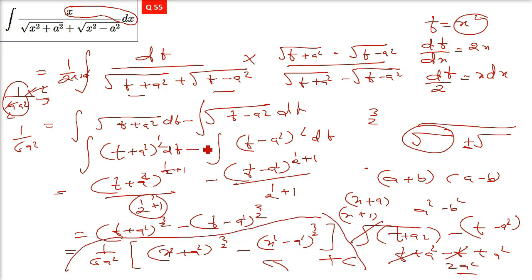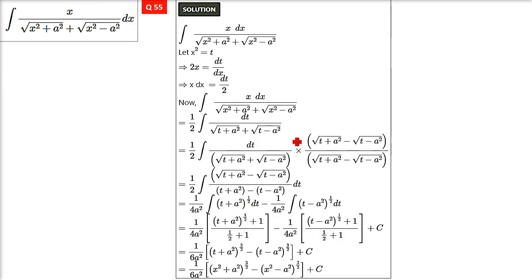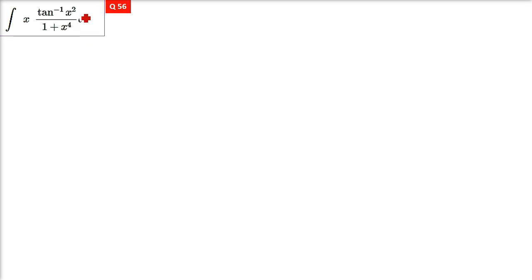This question has more algebra than integration, because if you understand the integration part, algebra you have already gained a sense of. So this is the solution I was talking about, okay? And you can follow this routine so that you can write it in the way it's shown here. Now this tan inverse x square will give you 2x, and tan inverse x square will give you 1 by 1 plus x to the power 4.